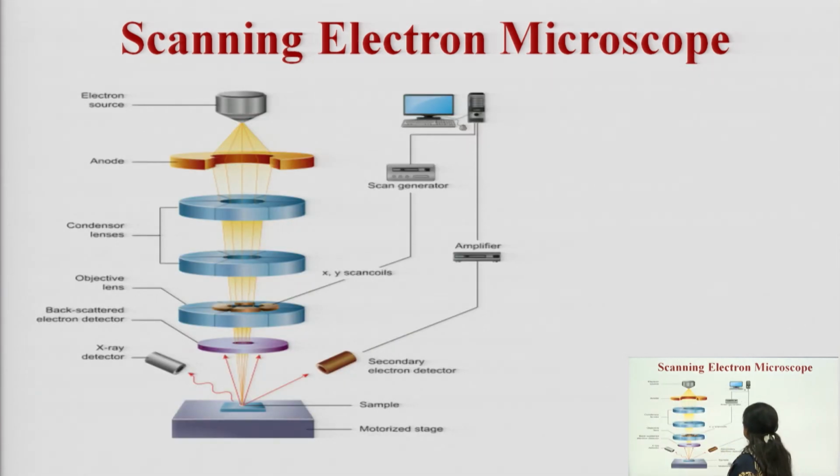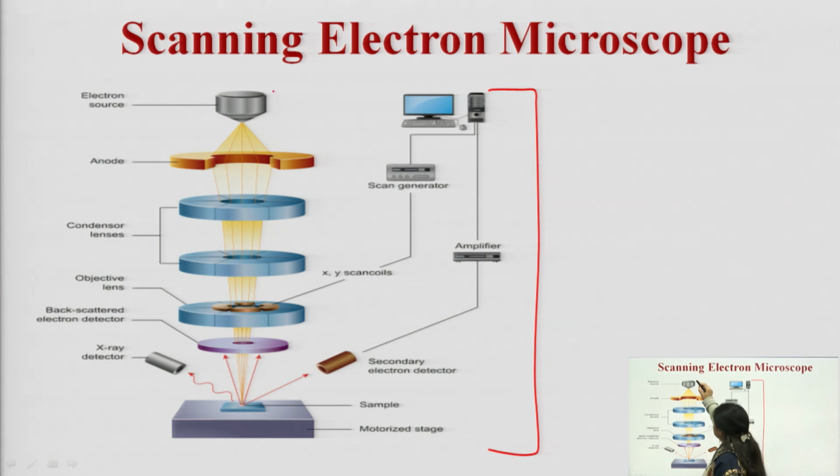As you can see, this instrument is a scanning electron microscope. First, we have the electron source from where the electrons are generated, that is the cathode. The cathode generates an electron beam, which is projected through these two anodes that create an electromagnetic field within this environment.